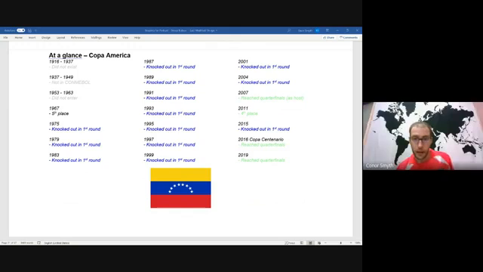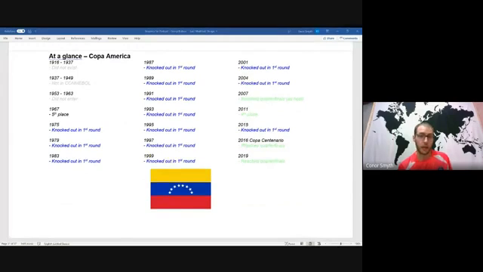Yeah. So although they failed to pass the group stage in 2015, the following 2 cups in 2016 and 2019 did see them pass the group stage. Again, this amounts to a very strong period in their history. In 2016, they beat Jamaica and Uruguay and tied Mexico, to finish with 7 points.